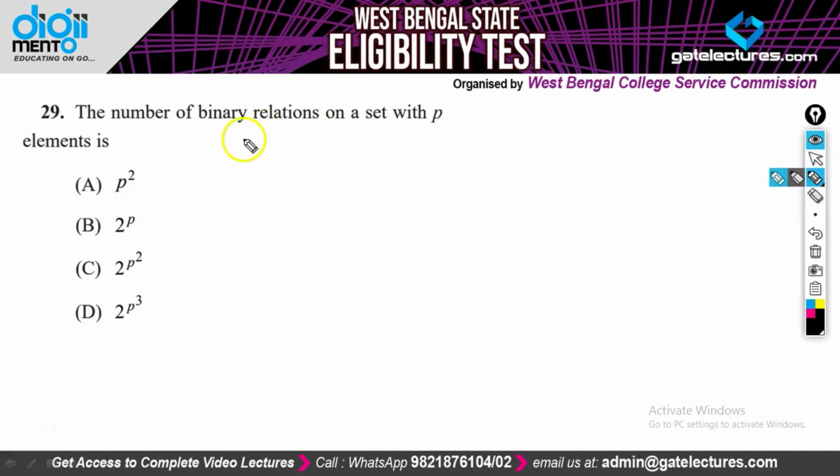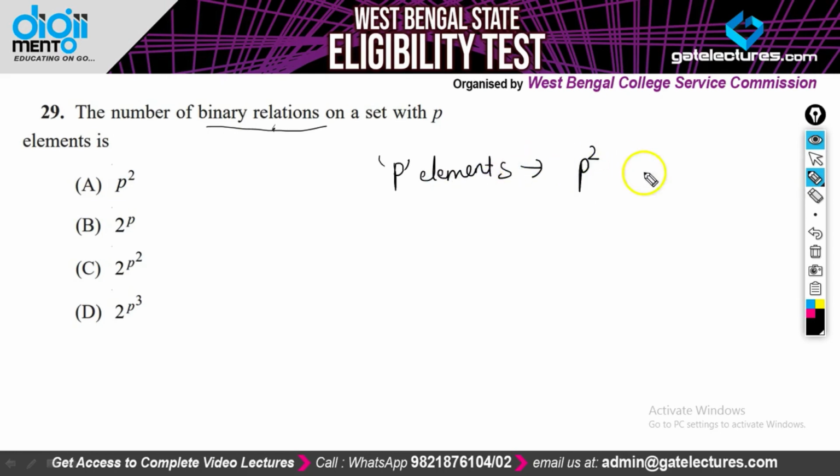So here we have a beautiful question from set theory and algebra, which is saying the number of binary relations on a set with p elements is. So it's a binary relation. So in a binary relation, 2 elements are chosen from the set. So with the p elements, how many pairings are possible?